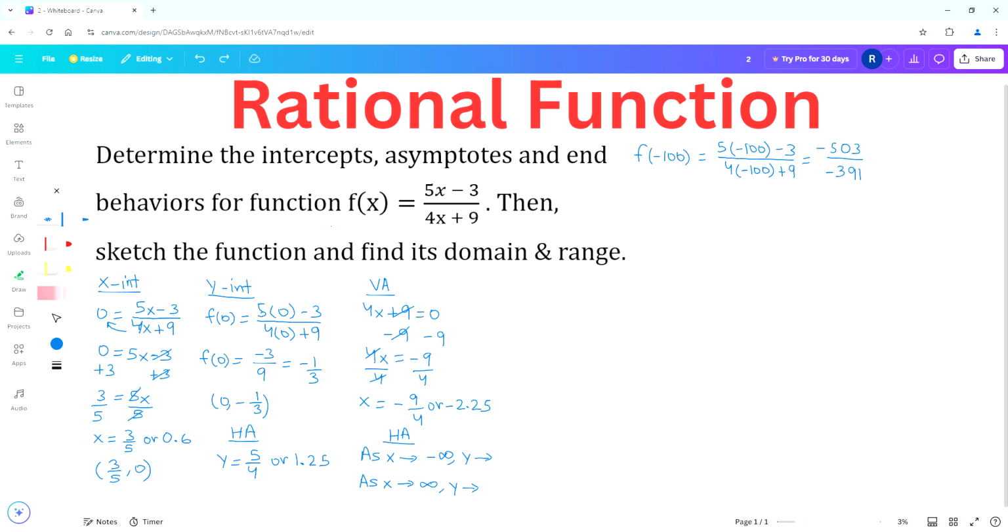The value of this fraction is 1.286. This value is greater than 5 over 4 or 1.25. That means the graph of the function approaches the horizontal asymptote on the left side from above.